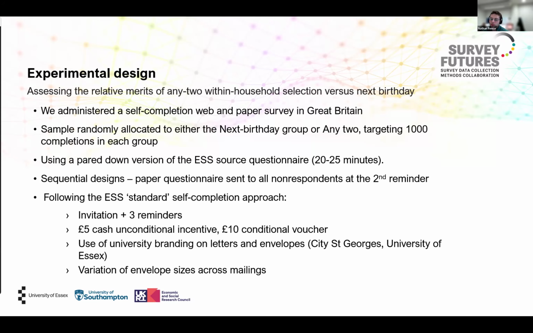So that means we send the paper questionnaire at the second reminder only in a sequence of reminders. We followed what we refer to as the ESS standard self-completion approach. So one invitation plus 3 reminders. Aside from the second reminder, all the letters give access to complete the web survey.